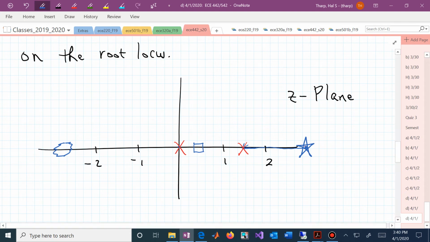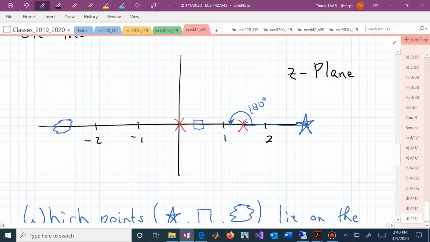So now it has to look all the way around, and that angle is now 180 degrees. The angle again is measured relative to the positive real line segment going to the right from that pole or 0. What's the angle that x has to look through?